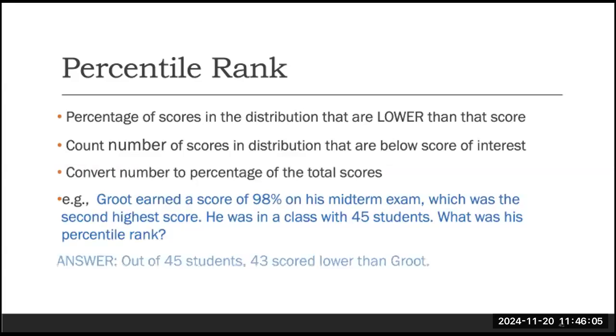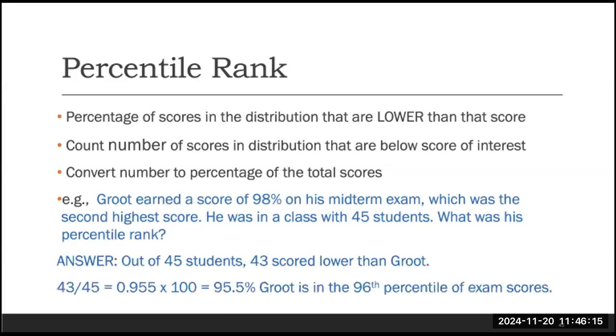So let's look at the calculation. Out of 45, right, 43 scored lower than Groot. So let's calculate that. 43 divided by 45 equals 0.955. Then we multiply it by 100, and that's 95.5%. So in terms of percentile rank, Groot is in the 96th percentile of the exam scores.